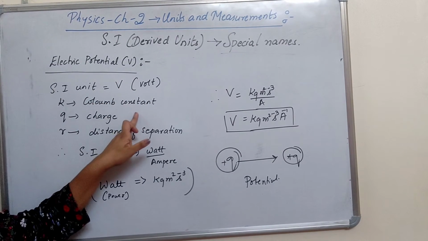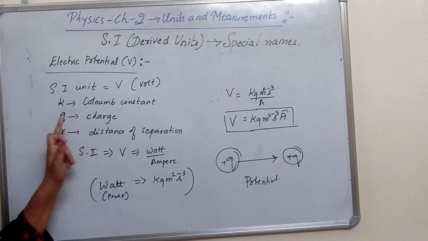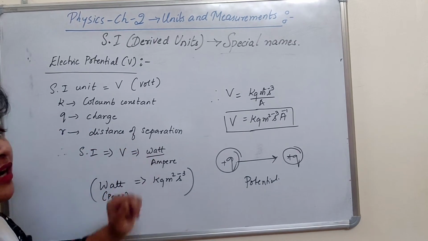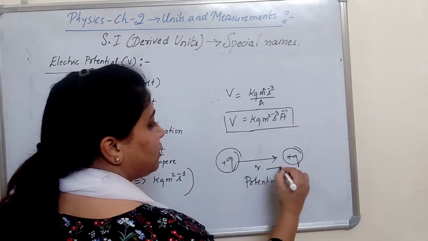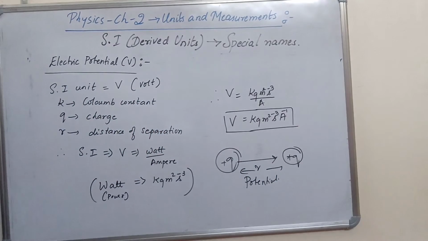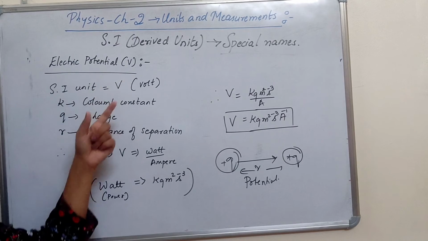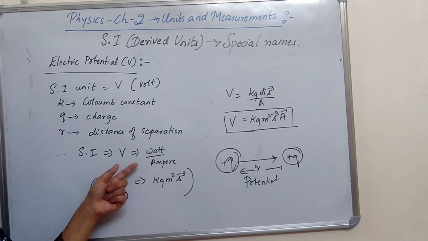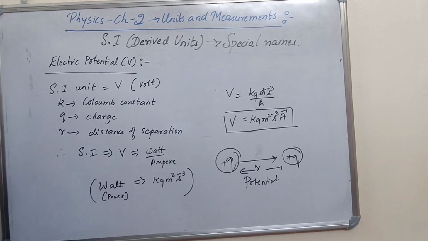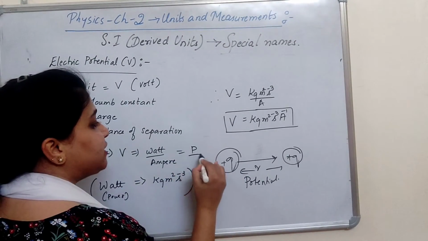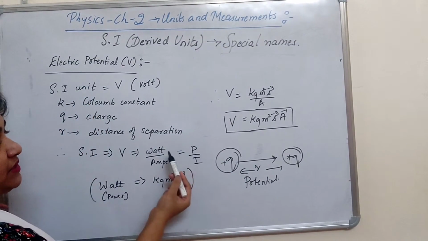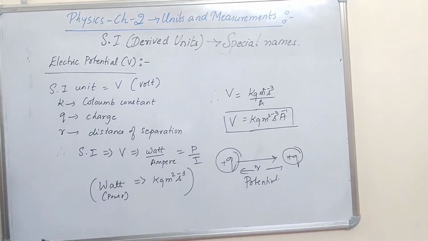So K is called as the Coulomb constant, Q is called as the charge, and R is called as distance of separation between both of them. So therefore, the SI unit of electric potential is volt. Volt is expressed in terms of power divided by current, P by I, right? P, power is nothing but watt, I is nothing but ampere, right?